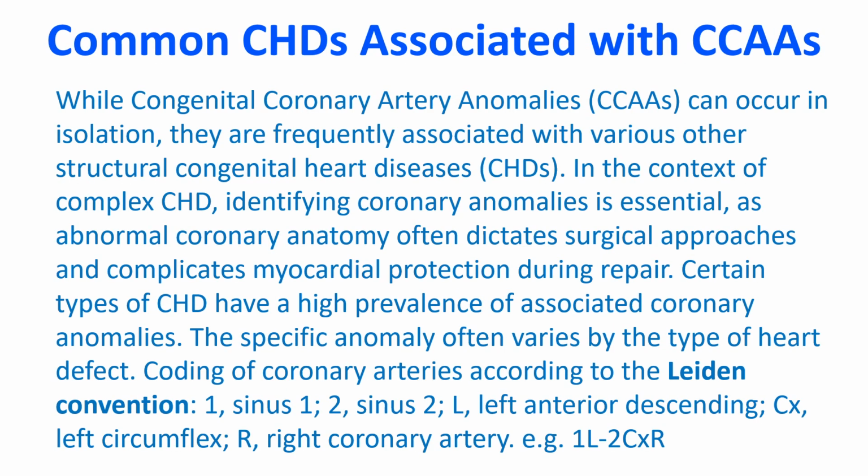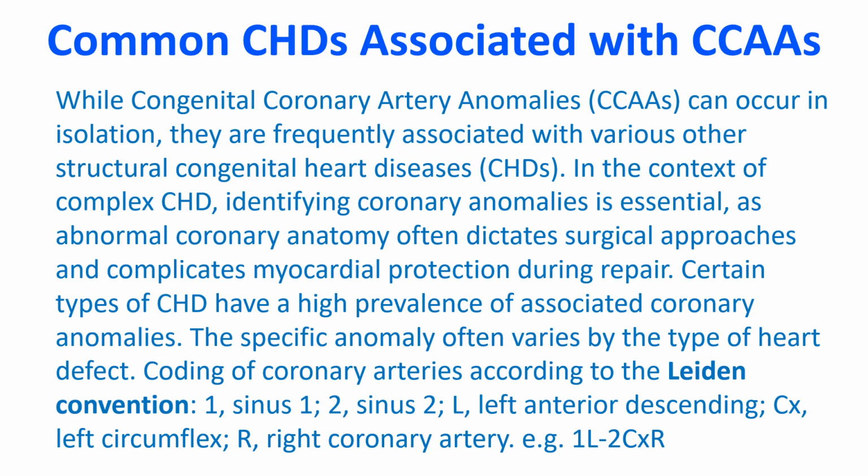While congenital coronary artery anomalies can occur in isolation, they are frequently associated with various other structural congenital heart diseases. In the context of complex CHD, identifying coronary anomalies is essential as an abnormal coronary anatomy often dictates surgical approaches and complicates myocardial protection during repair.